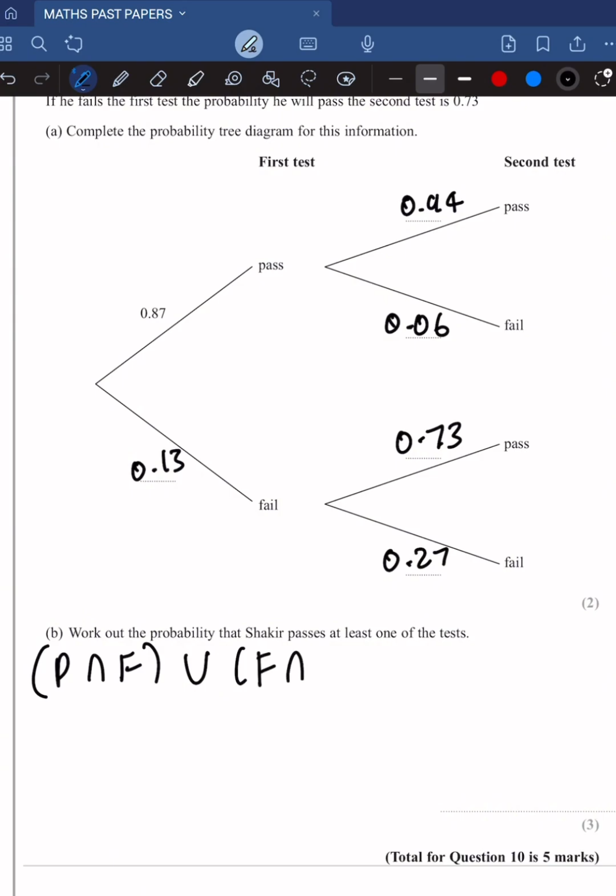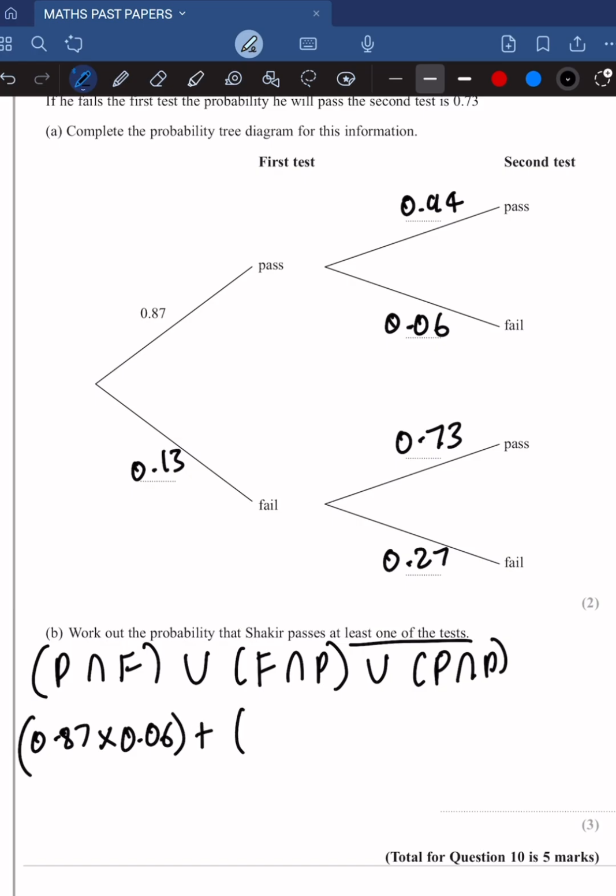Because it's at least one, you can also pass both times, or pass and pass. So let's do this now. Pass and fail, 0.87 times 0.06. Union means plus. Fail and pass, 0.13 times 0.73, plus 0.87 times 0.94.